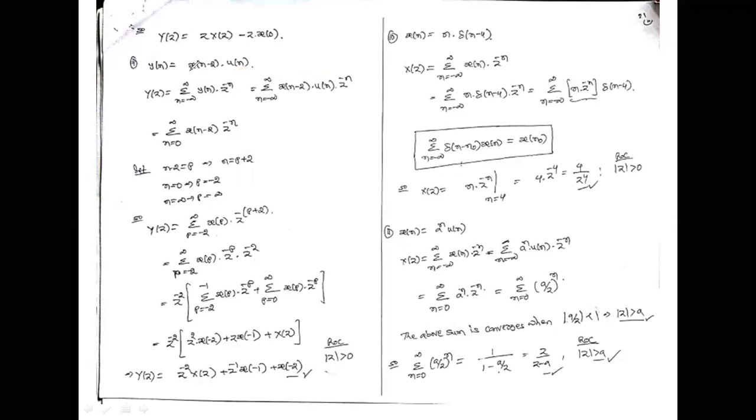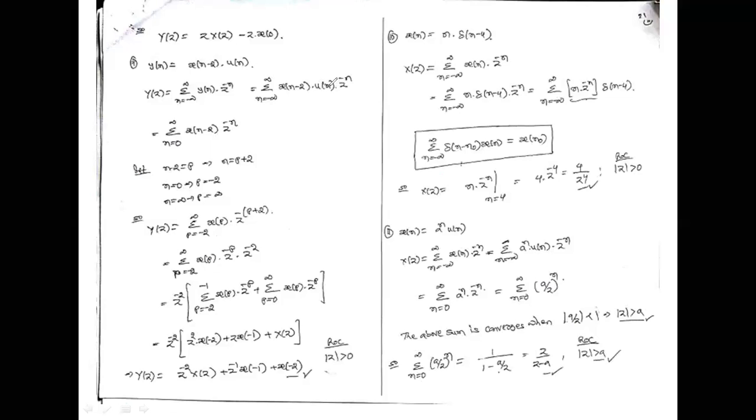Got it? So see, y of n is given as x of n minus 2 mu of n, and the definition is the sum from minus infinity to infinity of y of n z power minus n. And what is y of n given? X of n minus 2 mu of n, z power minus n.